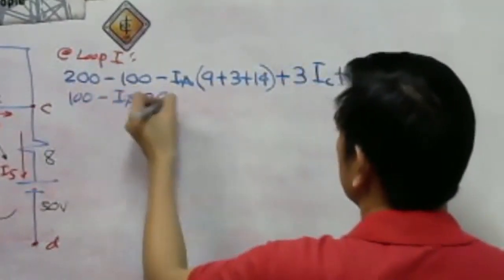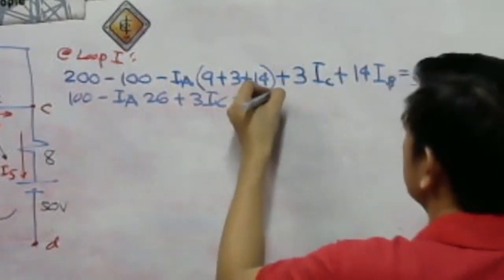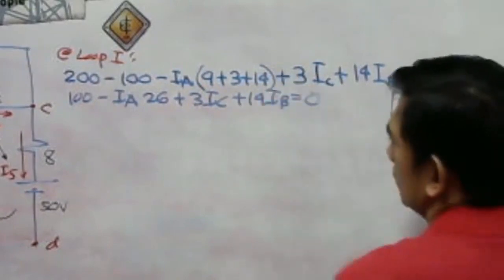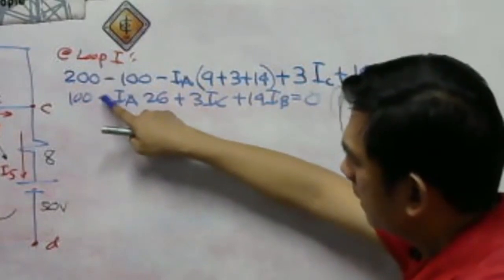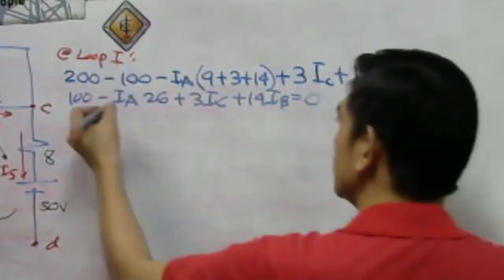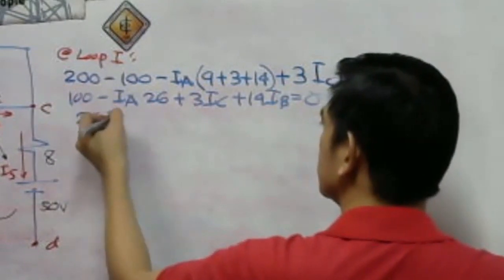So we have plus 3 IC plus 14 I sub B, that's equal to 0. Now let us transpose. Negative IA will become positive, so that is positive 26 IA.